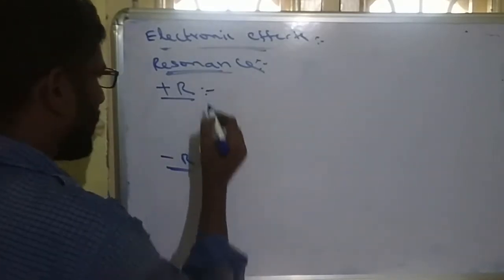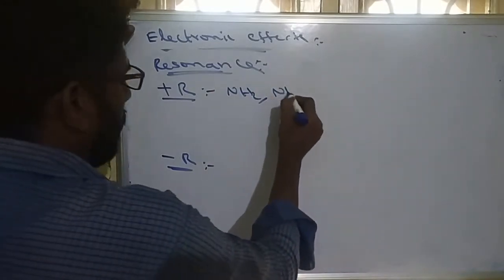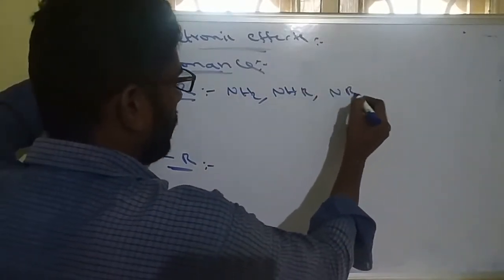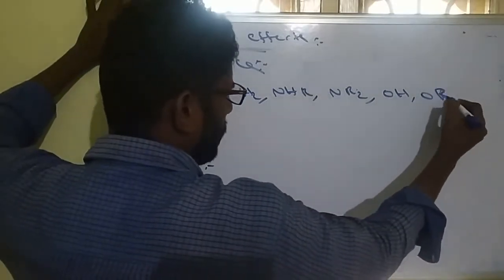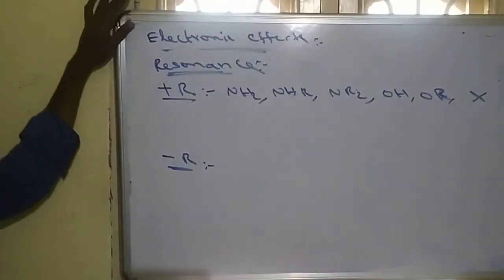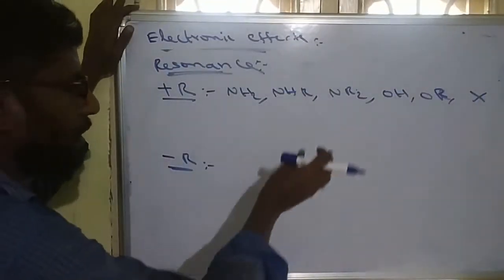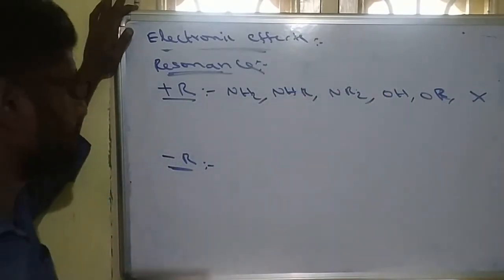Some groups like NH2, NHR, NR2, OH, OR, halogen, all these are positive resonance groups. These will donate electrons to the benzene. That's why these are called positive resonance.